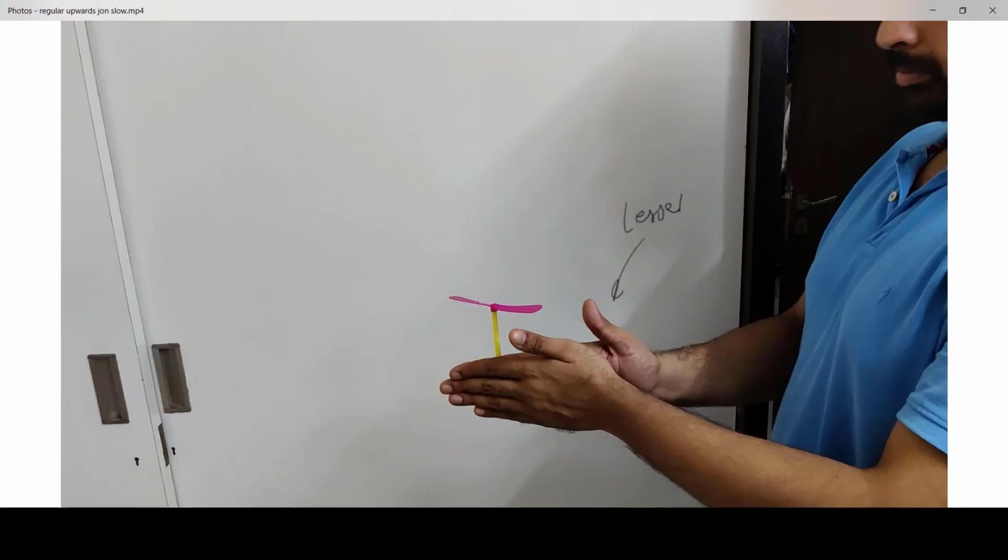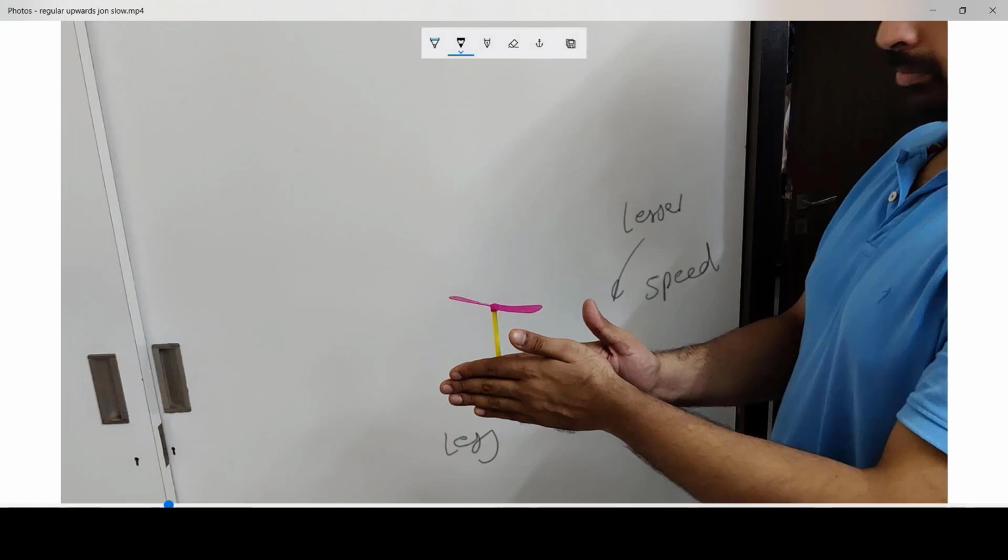Now I will apply a much lesser force using my hands, and hence my speed of rotation of this shaft is less. And what I want you to observe is the amount of lift generated in this situation versus the last time. So observe the speed at which I'm rotating, and then whether it moves up or not.